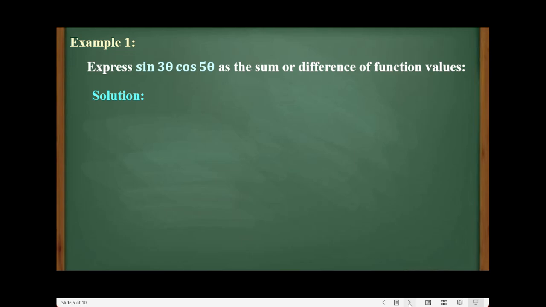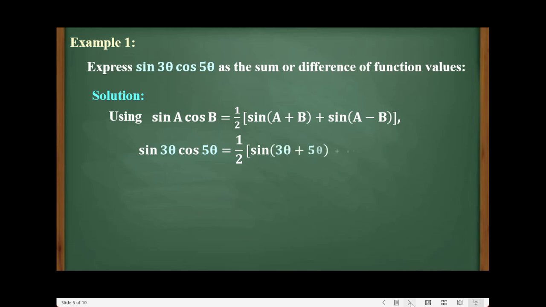For our solution, using sine A cosine B equals half of the quantity sine of A plus B plus sine of A minus B, we can express the given product of two trigonometric functions as 1/2 of quantity sine 3 theta plus 5 theta plus sine of 3 theta minus 5 theta.